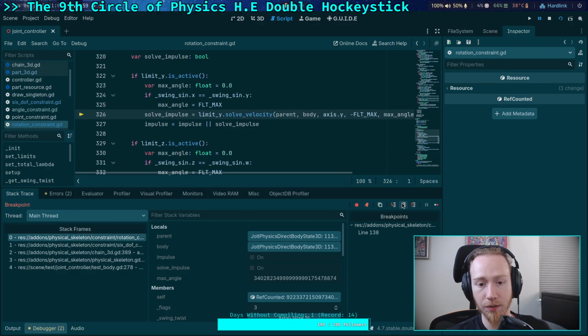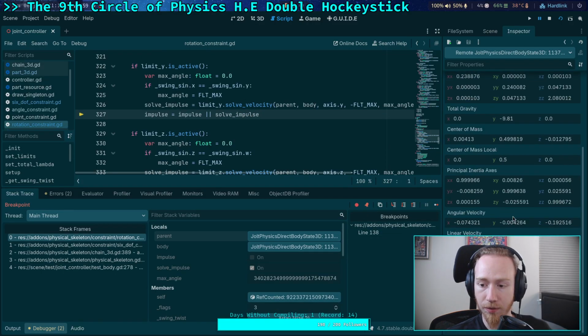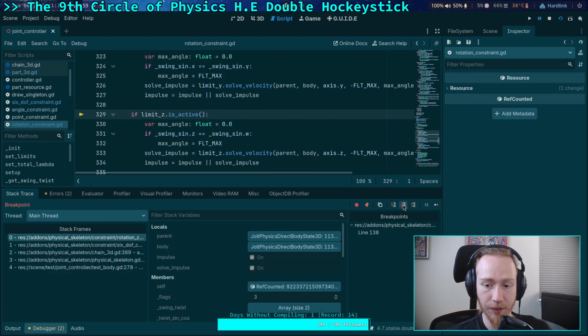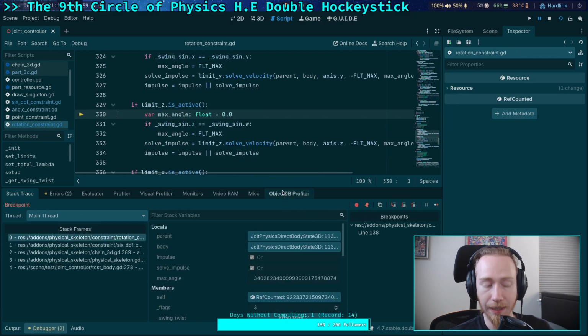So does this one destroy it? That didn't destroy it. Okay. The limit z is active, which is a problem, because the limit z is actually thinking it like hits an edge or something. So why is limit z active?